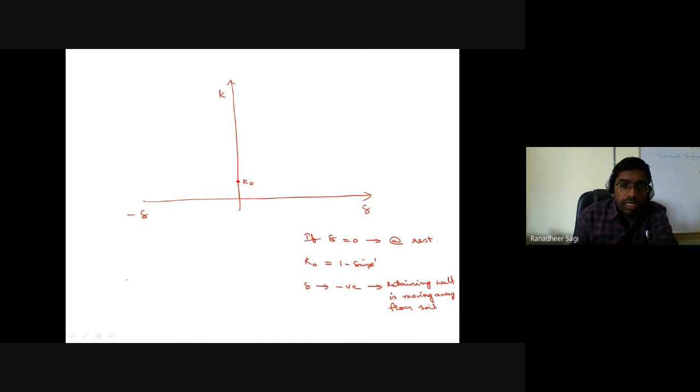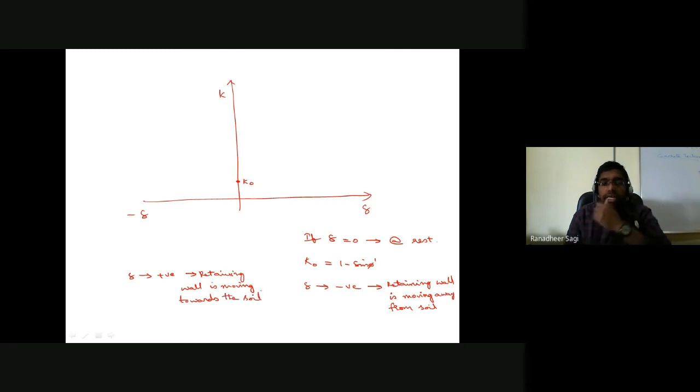And obviously delta is considered positive when the retaining wall is moving towards the soil. Okay, when the retaining wall is moving towards the soil, we consider the delta value to be positive.